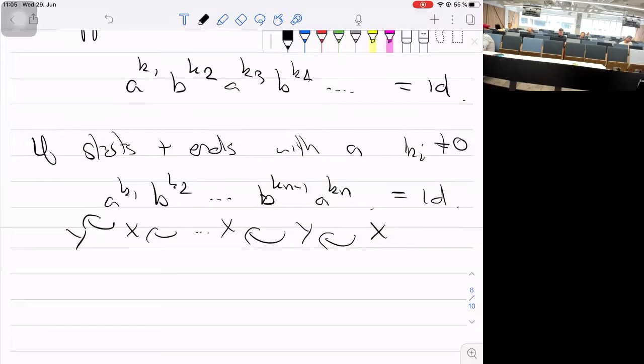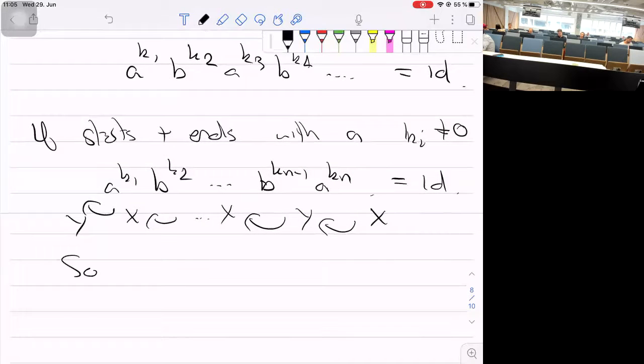But clearly, the identity matrix isn't going to do that. The identity is going to take X to X and Y to Y. And you have exactly the same issue if you started with a B and ended with a B here.